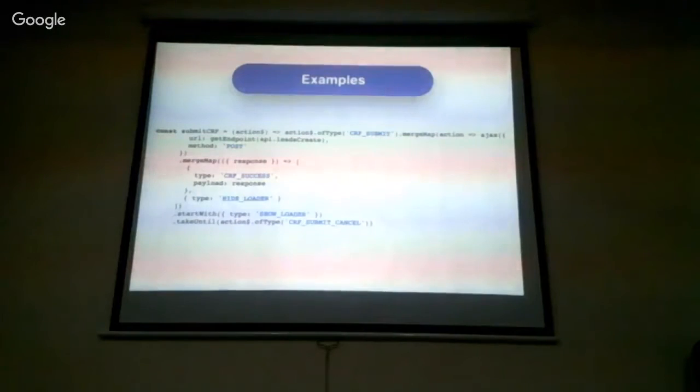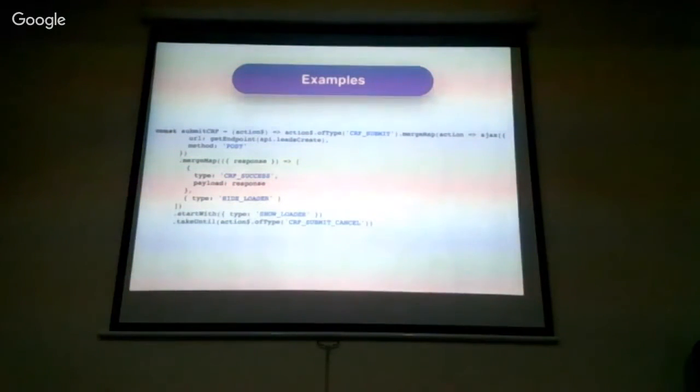And then after it dispatches the action of type CLF success, it will dispatch another action of type hide loader. So what we did here was we started this entire Ajax transaction with an action dispatch of type show loader, because on CLF submit, we want to show a loading indicator to the user. And we don't want to handle this part on the UI. We don't want to say, okay, on click, render my loader.